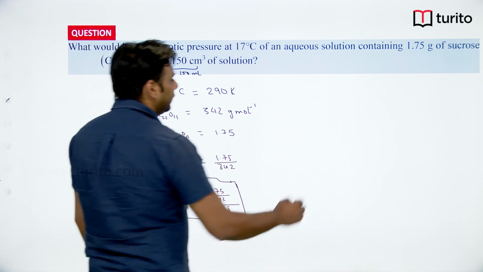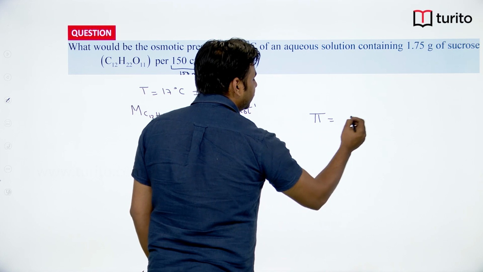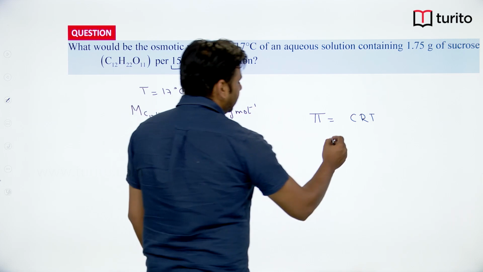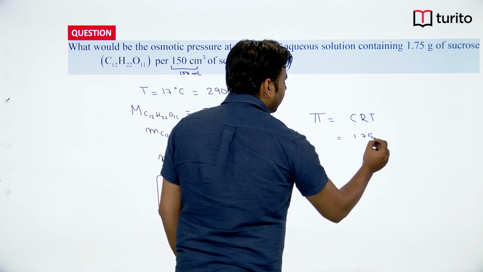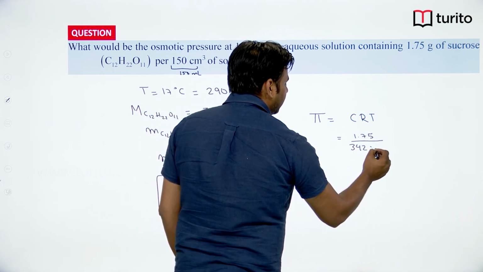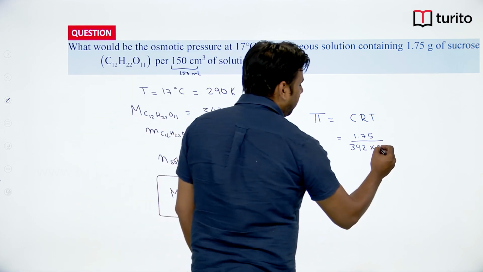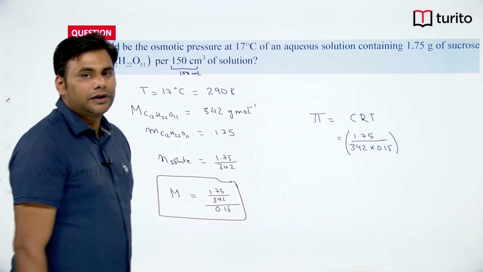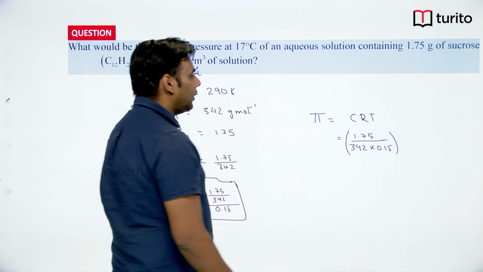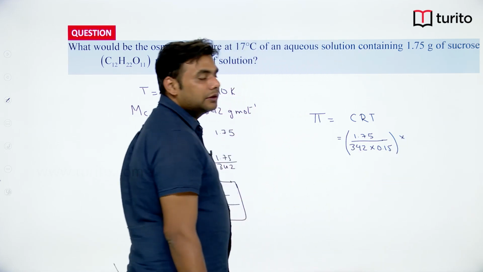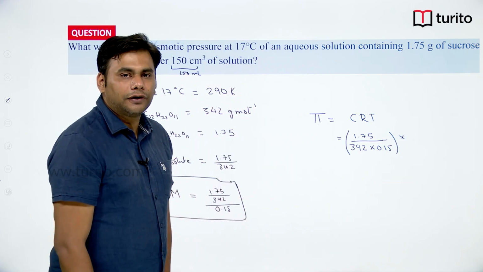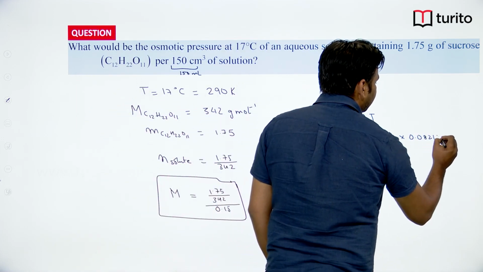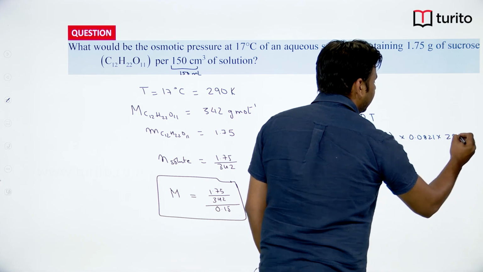Now we can calculate. We know that osmotic pressure is equal to C into R into T. C is called the concentration. So C is basically 1.75 upon 342 into 0.15. Now the concentration is expressed in moles per liter, so R we have to express in atmosphere liter per mole per Kelvin, which is 0.0821 or 1 by 12, whatever is given in the question, and temperature in Kelvin, 290.